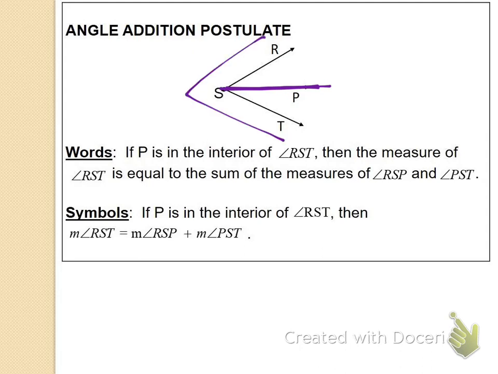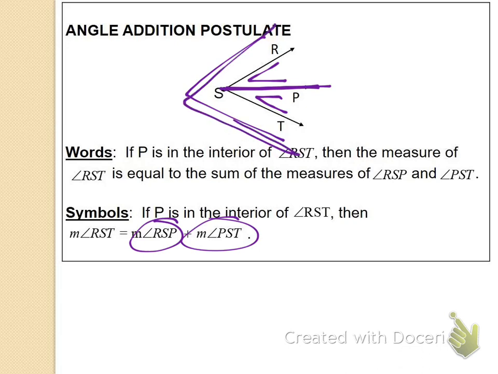If that's the case, then we can measure and we can add the measure of angle RSP to the measure of angle TSP, that's what we see here. And when we add that, then that should equal the measure of the bigger angle RST, right?